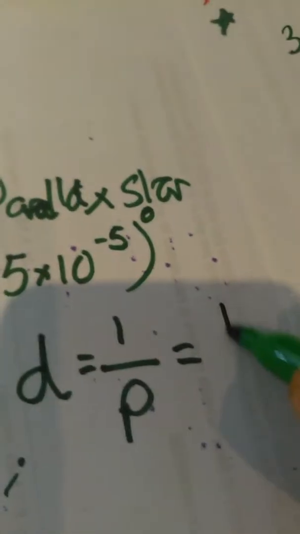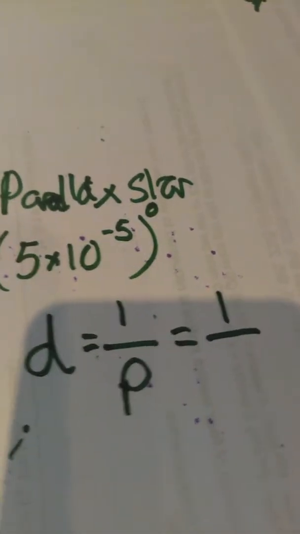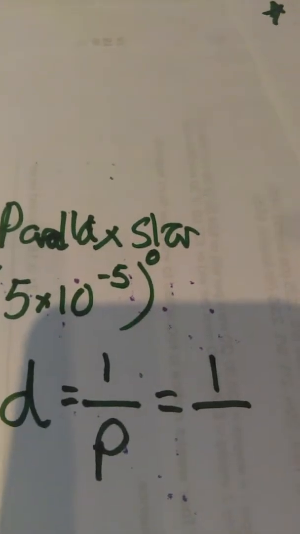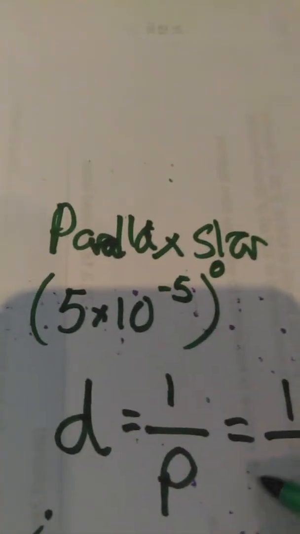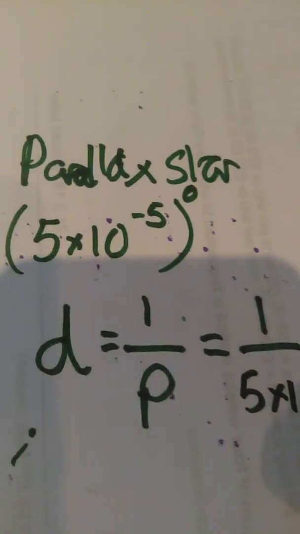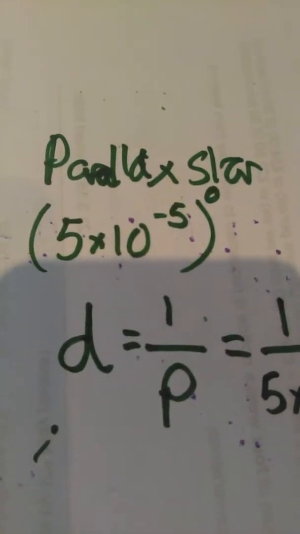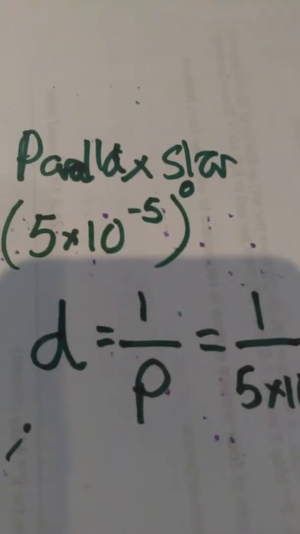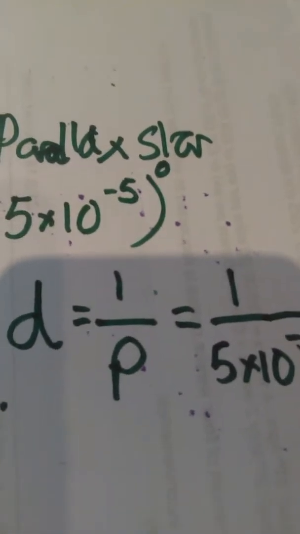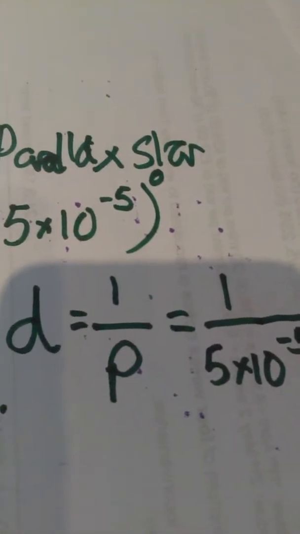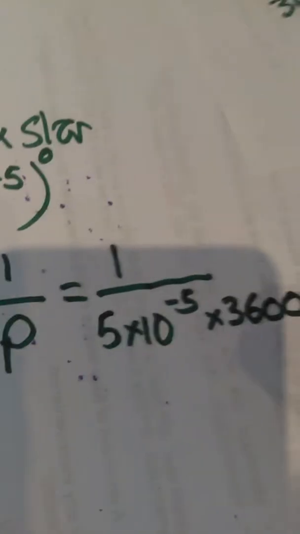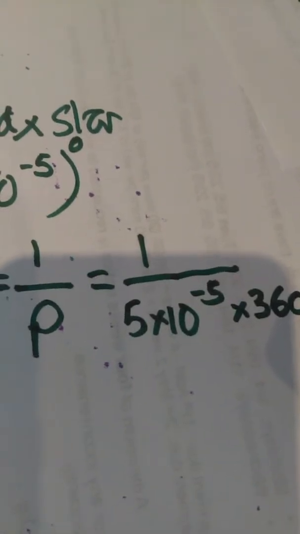So first thing we have to do is change that into arc seconds. The parallax is 5 times 10 to the minus 5 degrees, and an arc second is 1 over 3,600 of a degree, so if I multiply that by 3,600, I should get it in arc seconds.